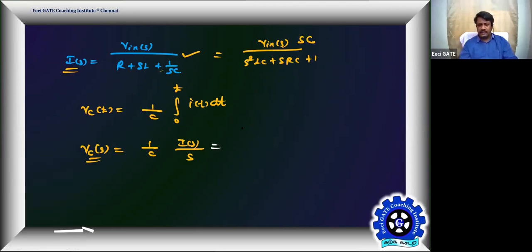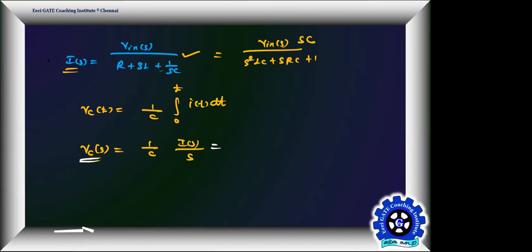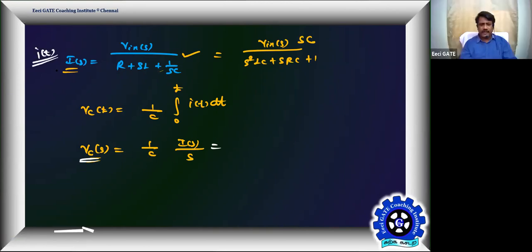Then this is Vc of S. That's our goal. This is going to help us find I of t, and this is going to help us find Vc of t. For that, it is 1 by C, I of S is known, substitute, divided by S. Anyway, let me do it formally.